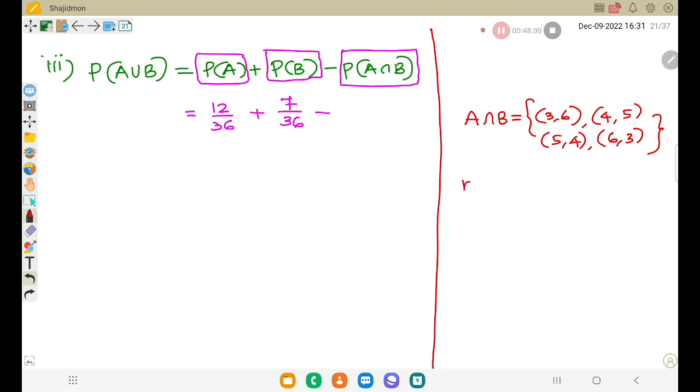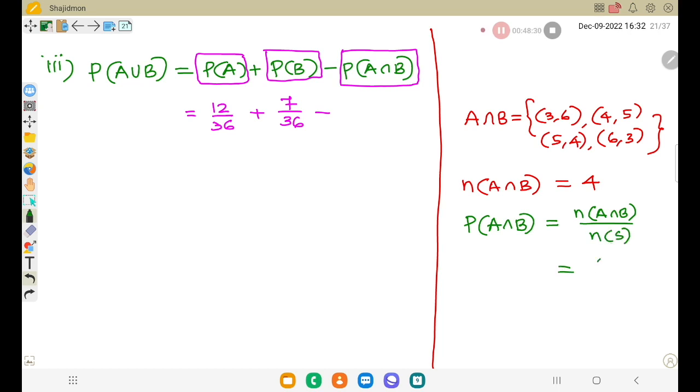So how many elements are there in A intersection B? The number of A intersection B means 4 elements. Correct? 4 outcomes are there. The number of A intersection B equals 4. So what is the probability of A intersection B? Probability means what you do? The number divided by the total number of elements in the sample space. That means the number of elements of A intersection B divided by the number of elements of the sample space.